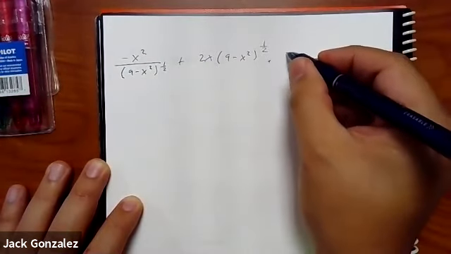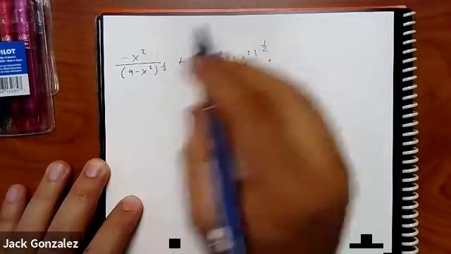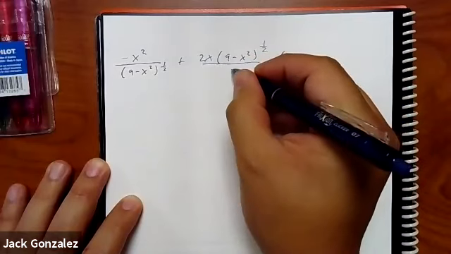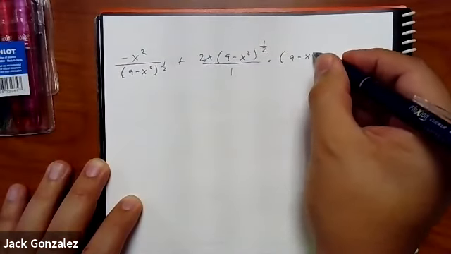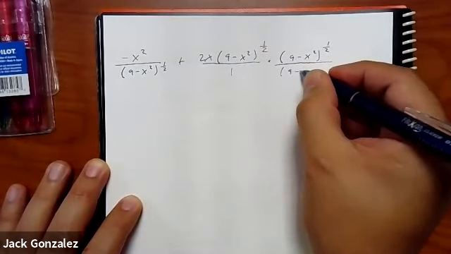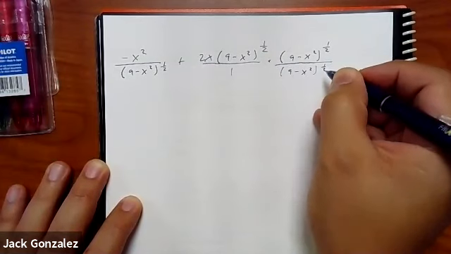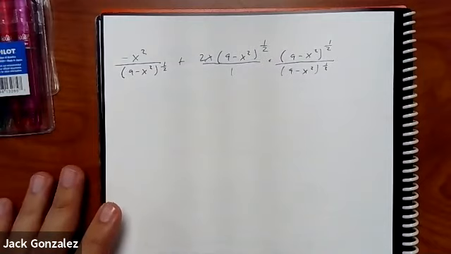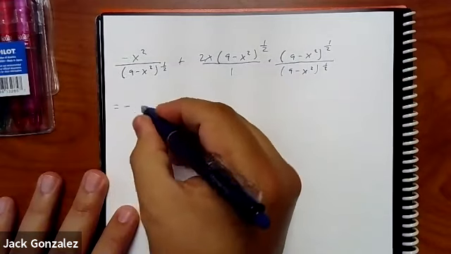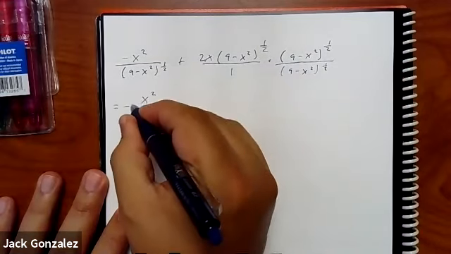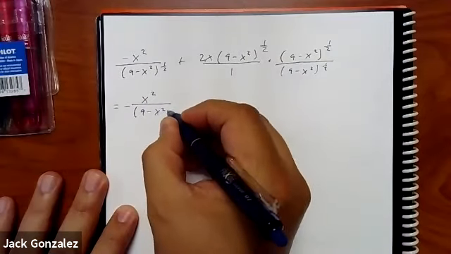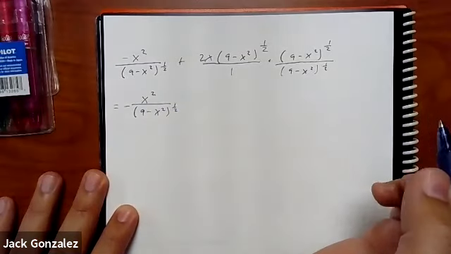You want to multiply the top and bottom by this denominator for the second piece here, and just pretend there's a giant 1 underneath. I didn't change the first part.